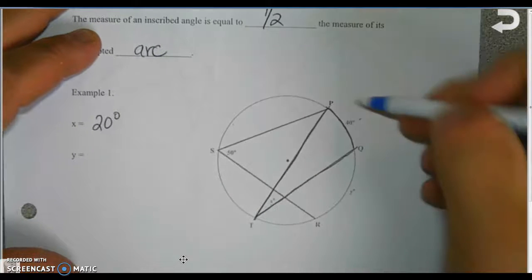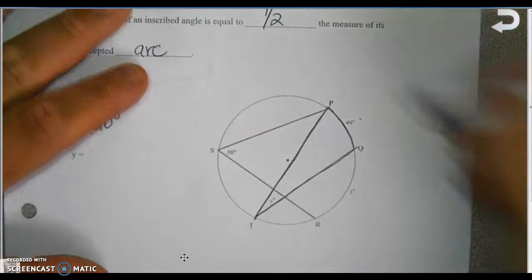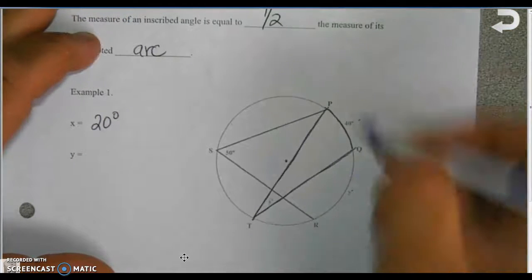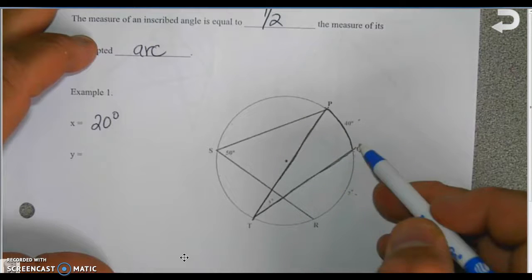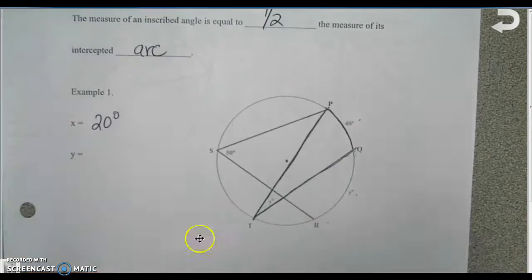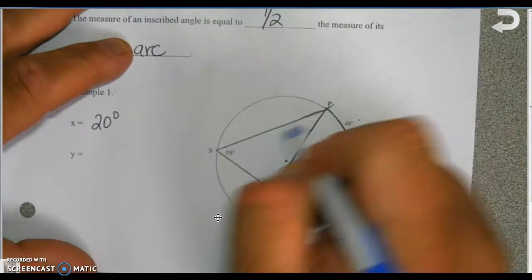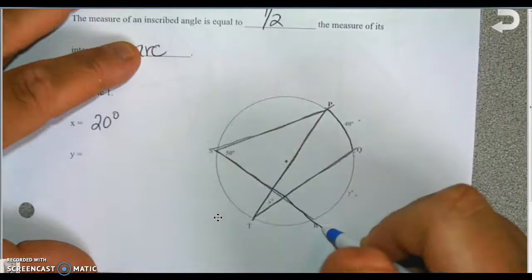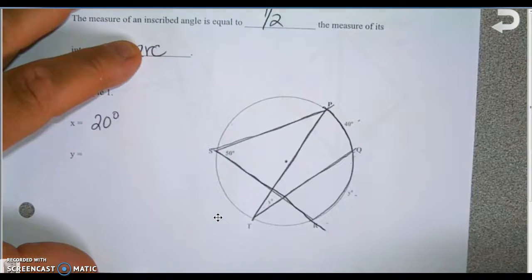Yesterday we also talked about the whole segment addition and arc addition idea. And so when we're trying to find y, well, there's no angle that intercepts y. There is no QTR angle. So there's no help there for us. So then we have to go to the next angle, which is angle S. PSR intercepts the big arc, PQR.